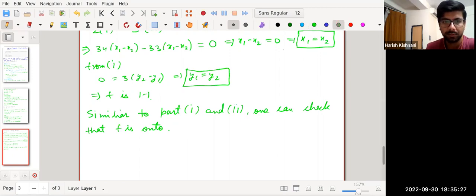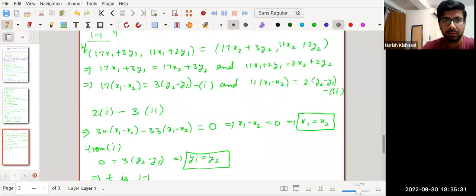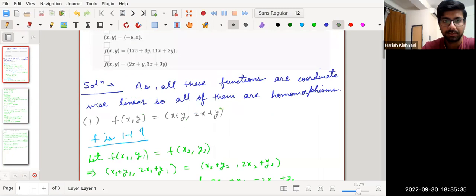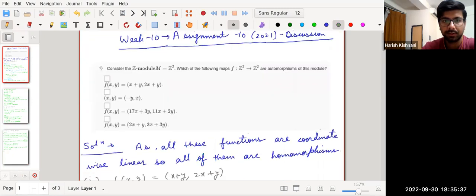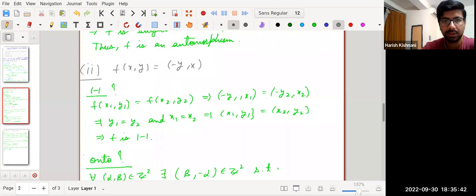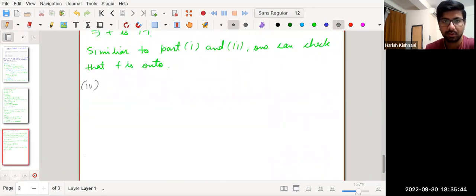Now for the fourth one, you have f of (x,y) to be (2x plus y, 3x plus 3y). F of (x,y) is (2x plus y, 3x plus 3y).